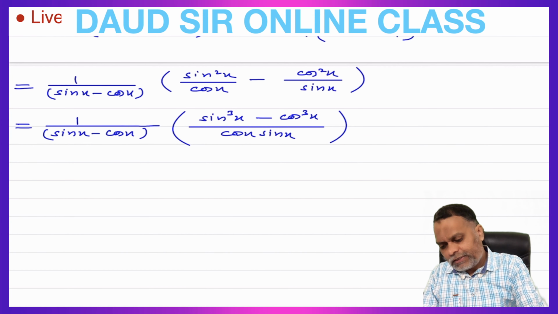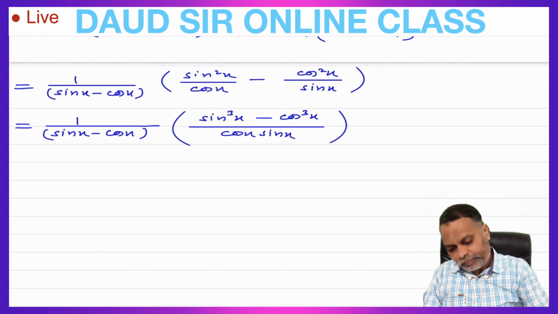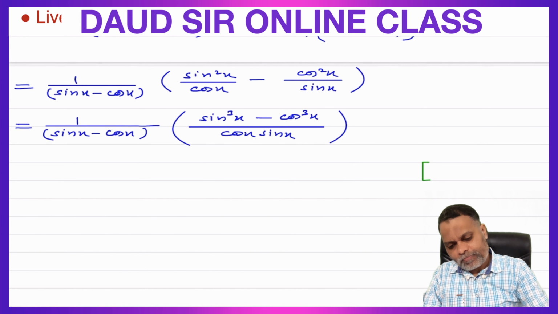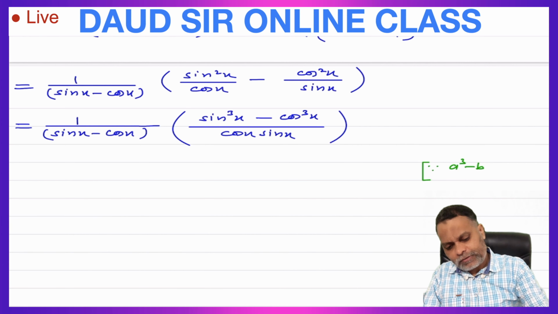Now we can apply here a cube minus b cube identity. What is the identity? Since a cube minus b cube is equal to a minus b into a square plus b square plus ab.